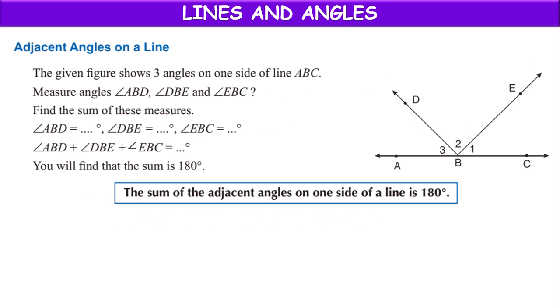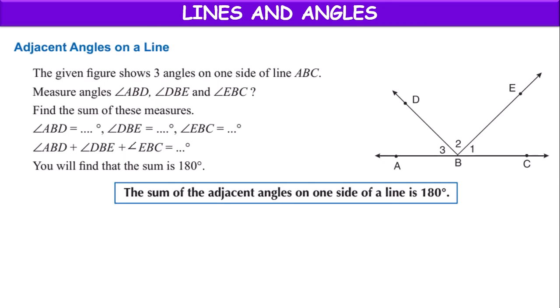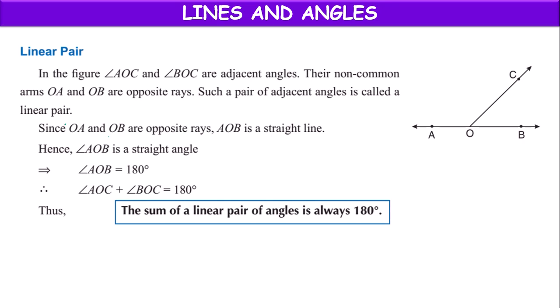Next we have linear pair. So in this figure, this part is angle AOC, and this part is angle BOC. O is the common vertex and OC is the common side or common arm.